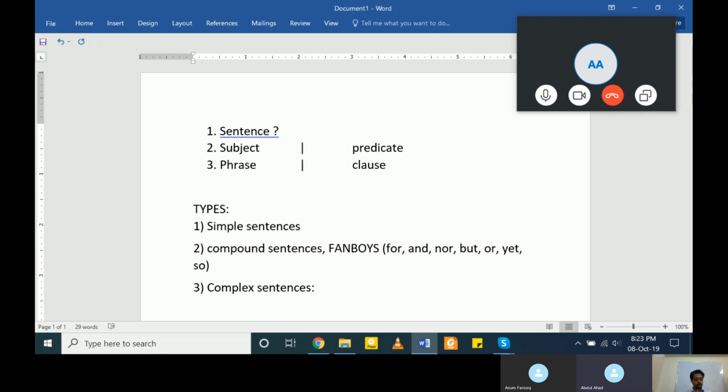For example, one more thing: if the dependent clause is at the beginning of the sentence, we will put a comma and then we will write the independent clause. That's how we connect these two clauses. I'm going to give you an example. When he won the award, is it a dependent clause or an independent clause?